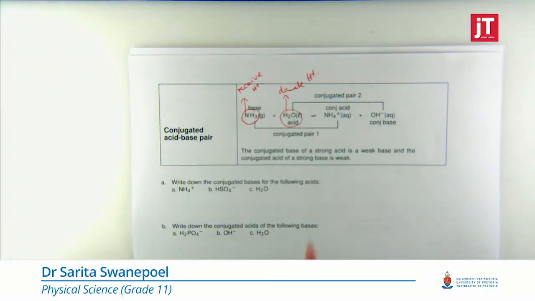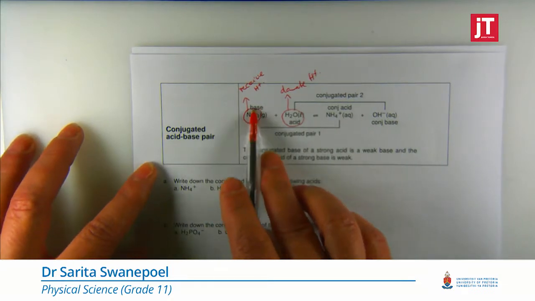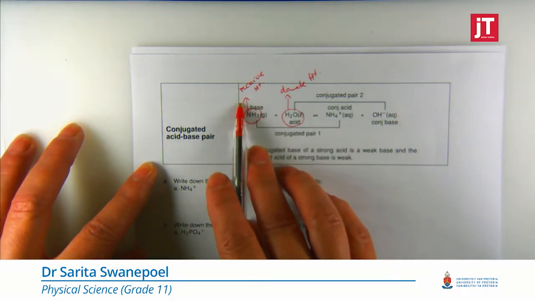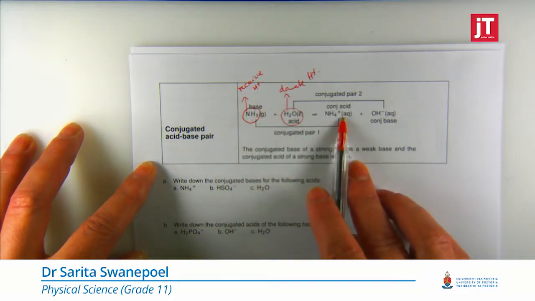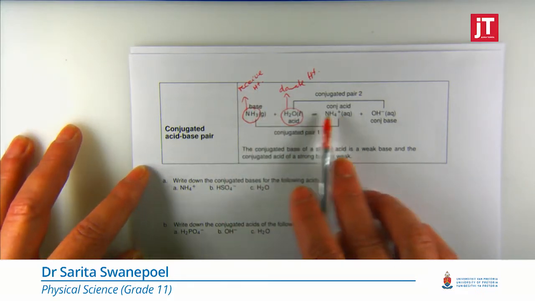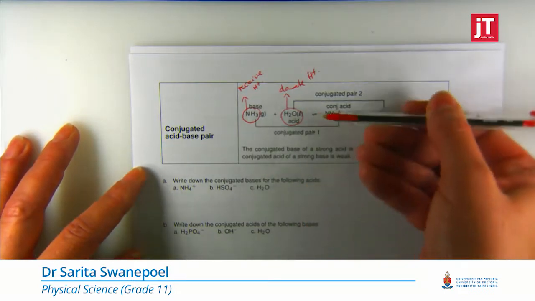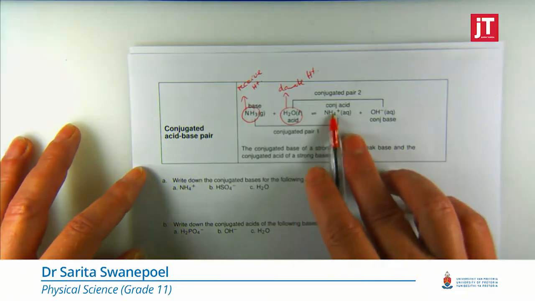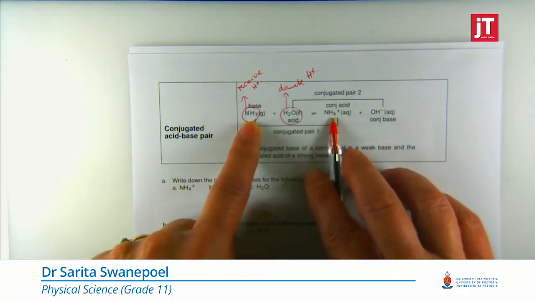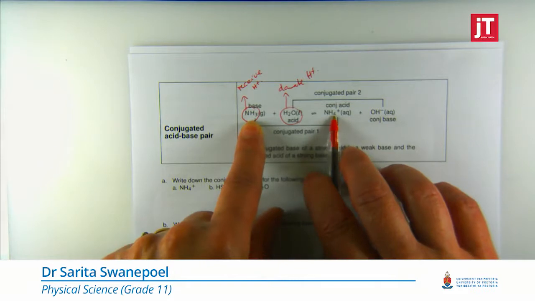In a pair, if you have this one as the base, it will receive an H plus in the forward reaction. Now look at NH4 and the reverse reaction. If you start with NH4 and you end up with NH3, what happened to the NH4?